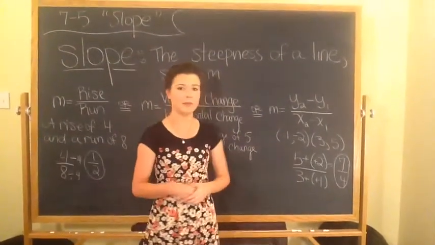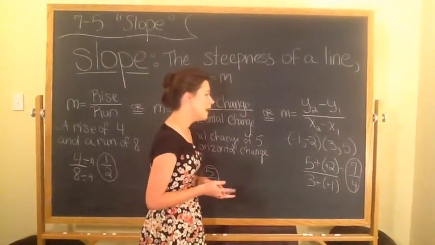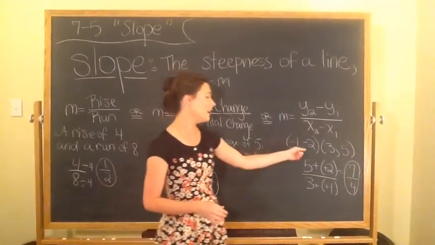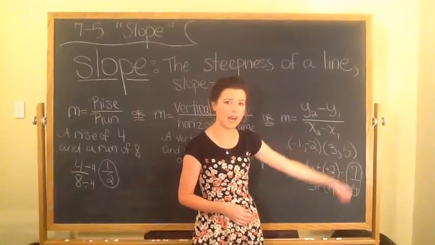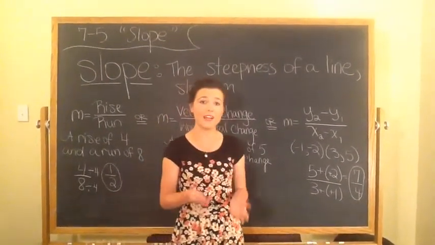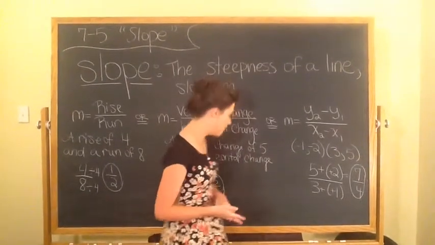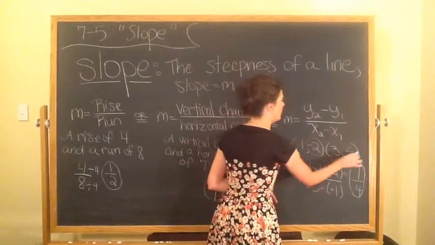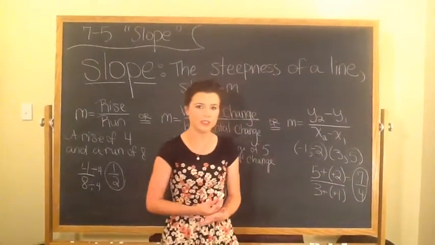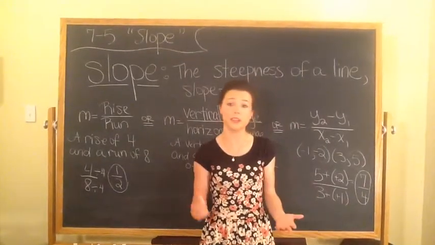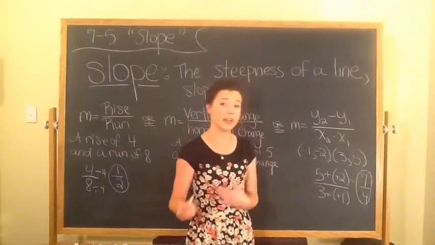In this last example, it gets a little more confusing because we're talking about 2 points. Say we have the points (-1, -2) and (3, 5). We're going to find the difference in the y values and put that on top, and then find the difference of the x values and put it on the bottom. Always look at the y values first. I know it gets a little confusing because the y values are second in the point, so why would we look at them first?